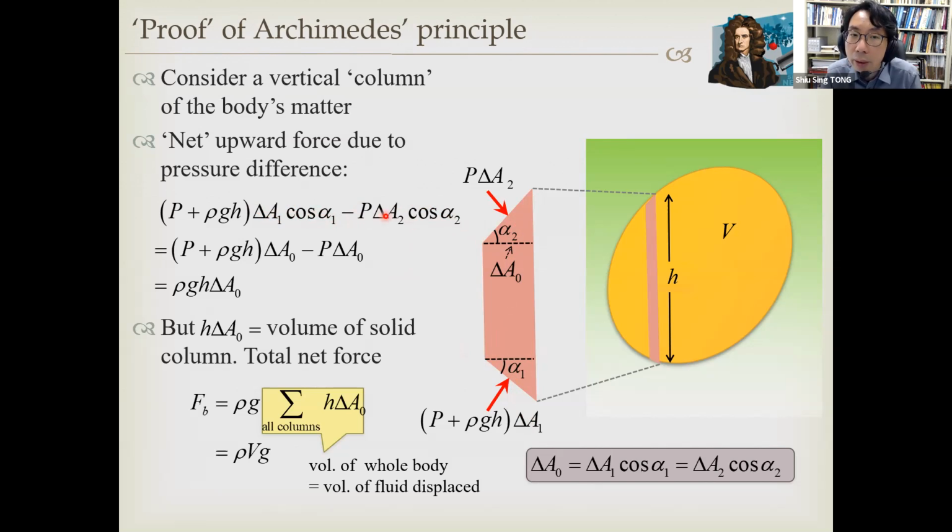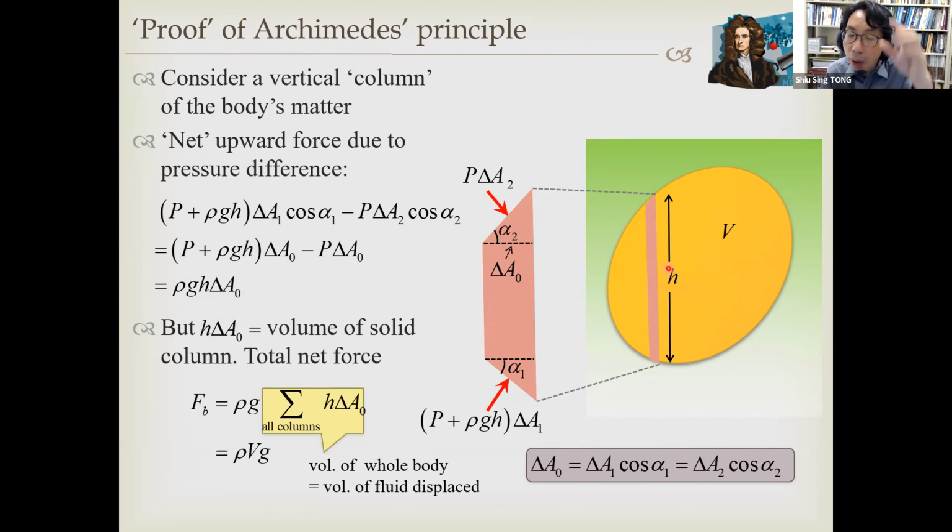The two deltas multiplied by the respective cosines are the same. They are both equal to the cross-sectional area of the column. So I replace them by delta A0, and I take this factor out, and I can see the pressure P cancel, and I have the result as rho GH multiplied by delta A0.